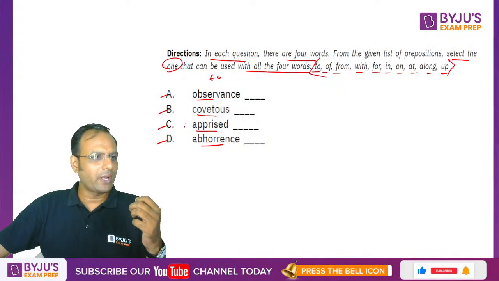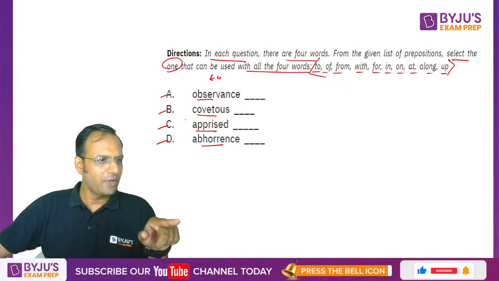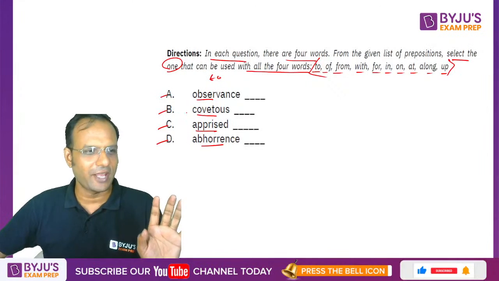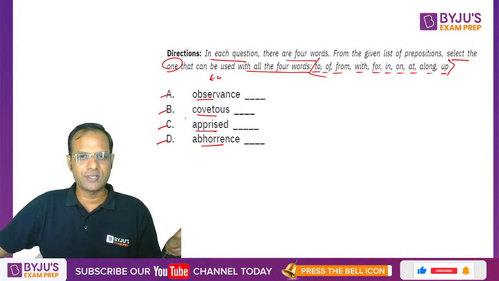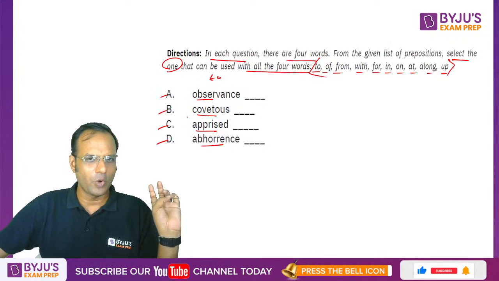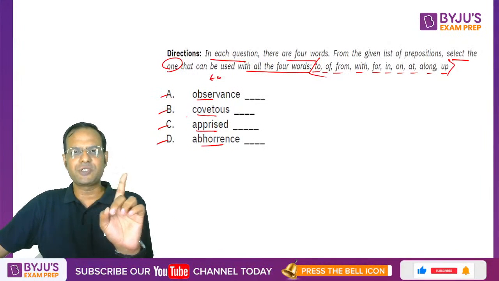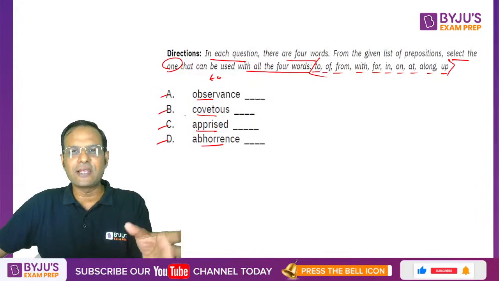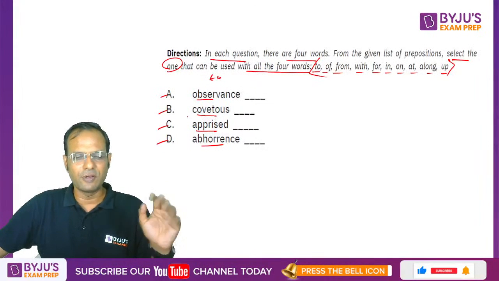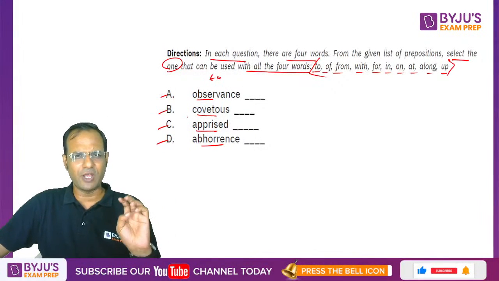Manaswini, which word did you pick? I will give you the answers, Anadi. Just a second. I'll give you all the answers. Covetous and observance and apprised and abhorrence, everything. Okay. I just need a preposition. Even if you take a wild guess, that is all right. You can guess because this is a quiz. We are playing a game.